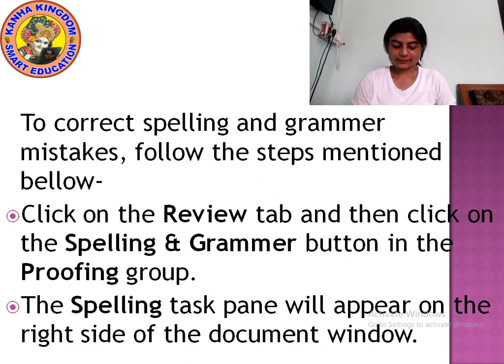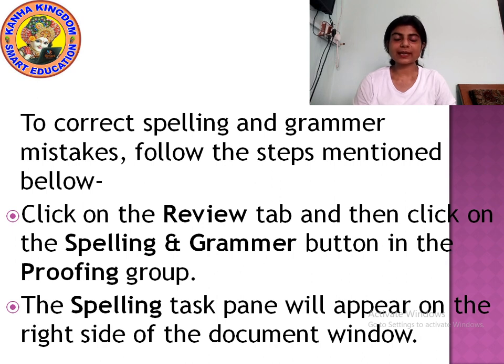First you click on the review tab in the ribbon, and then click on the spelling and grammar button in the proofing group. Then you select spelling and grammar, and this button is located in the proofing group.